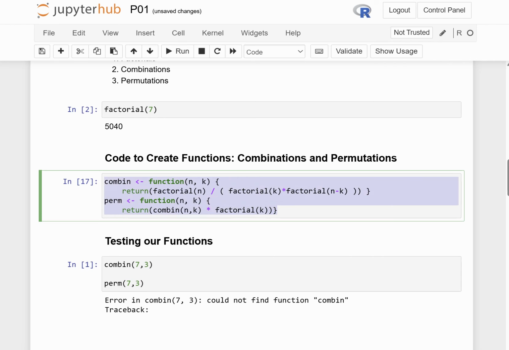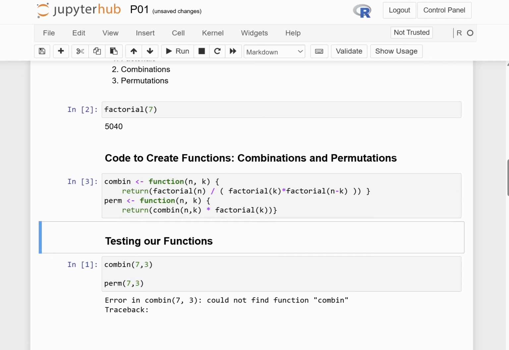Okay? And if you want to look at the code, you'll see that these functions do in fact match what we said. And it turns out that you can just take the combination formula and multiply by factorial k to get the permutations of n objects into k slots. So those calculations are correct.